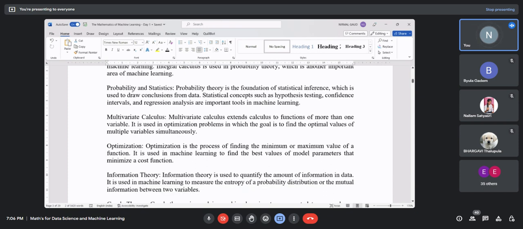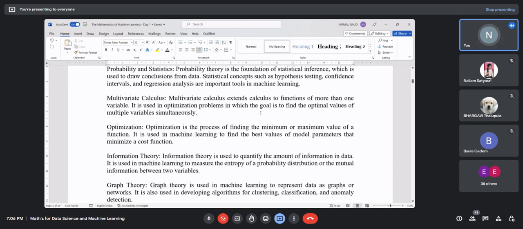Probability and statistics is the foundation of statistical inference. Probability is based upon outcomes, and many of the algorithms in machine learning and data science are based upon probability only, so we need to learn probability also.